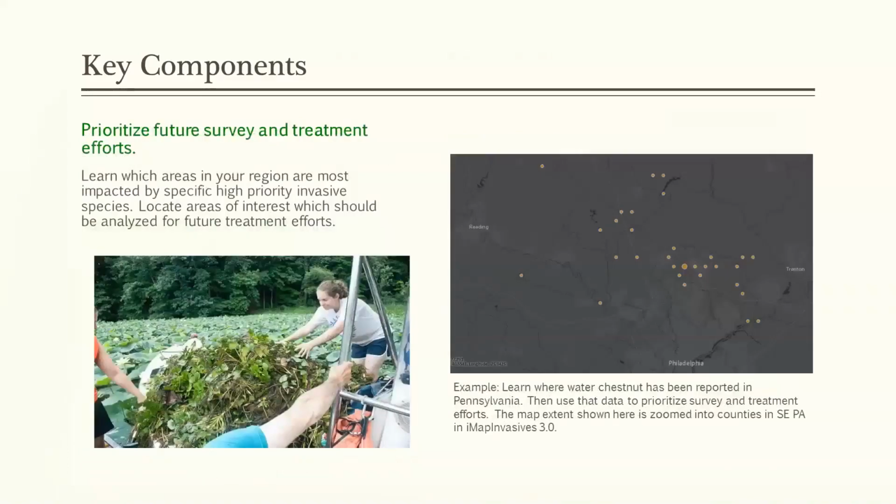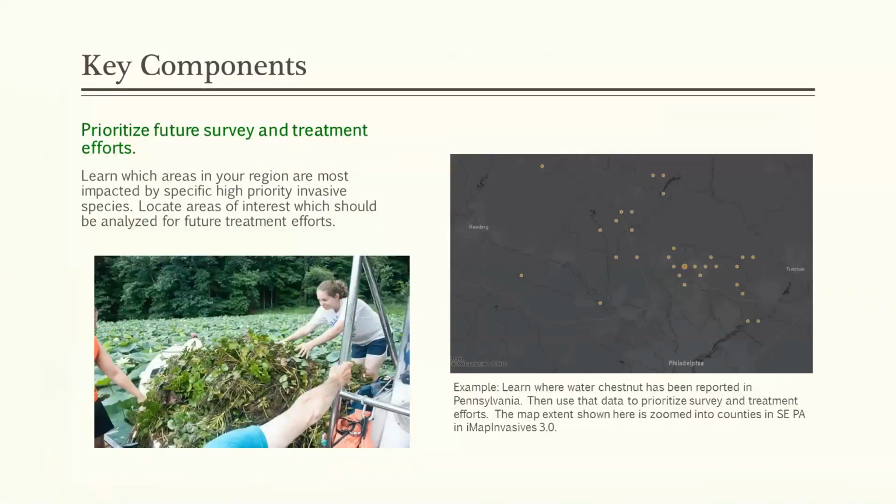Okay, so also we talked a little bit at the beginning about using iMap to prioritize your future survey and treatment efforts. Essentially, it's a tool that lets you hone in on specific areas that are important to you and to identify high priority species that may have been found there, and then use that information to go about planning future treatment efforts that you might be interested in doing.